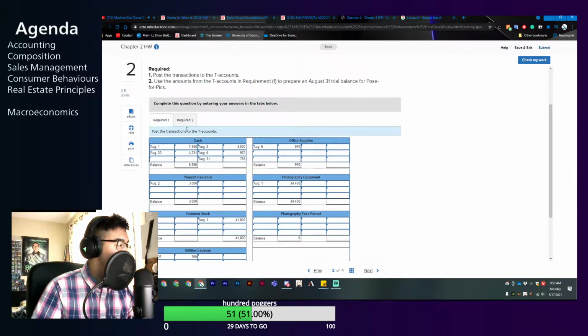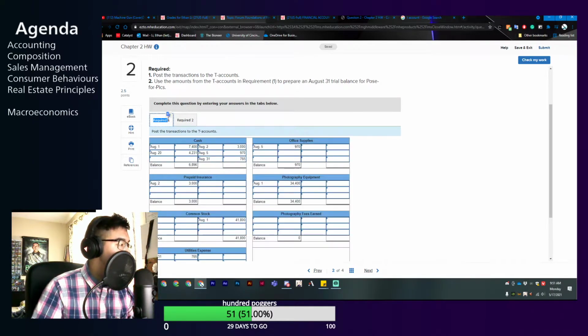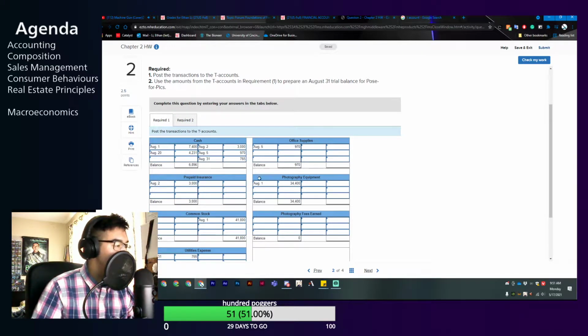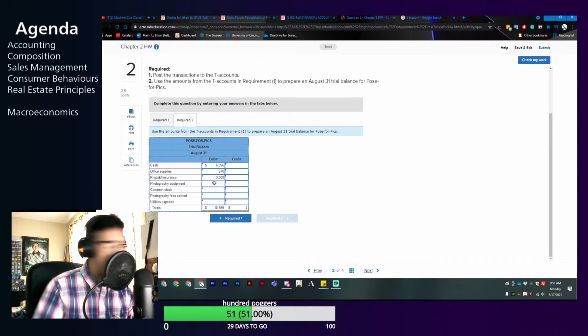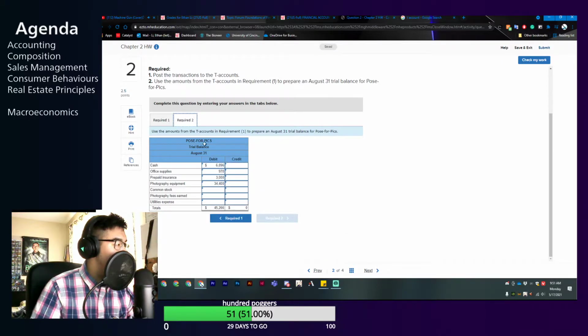There is a 68.96. Office supplies 970. Prepaid insurance 3k. Photo equipment 3440. Common stock. Debit of 4180.